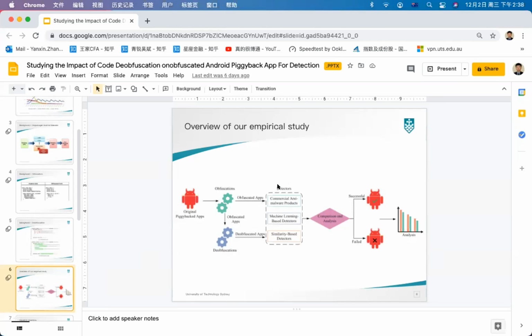Then after that, we take these obfuscated apps and we de-obfuscate them, right? So then we will have the de-obfuscated Android malware sets.